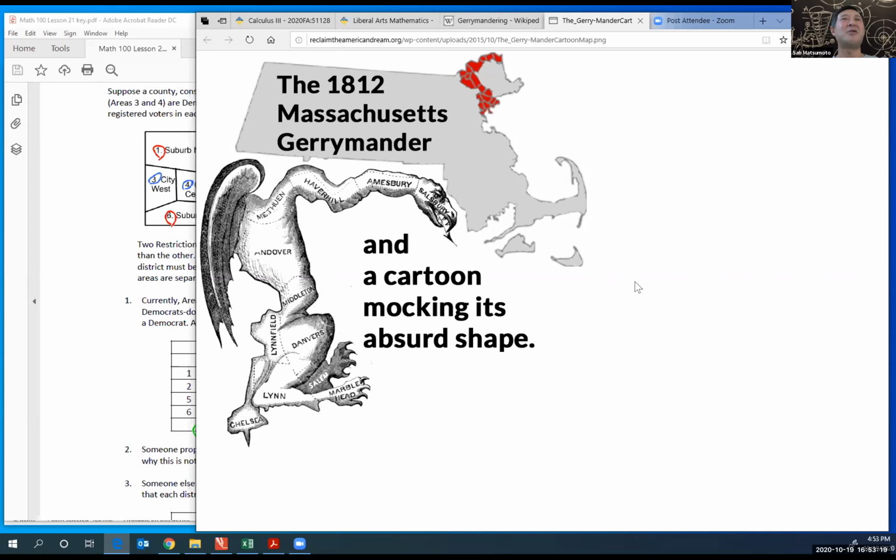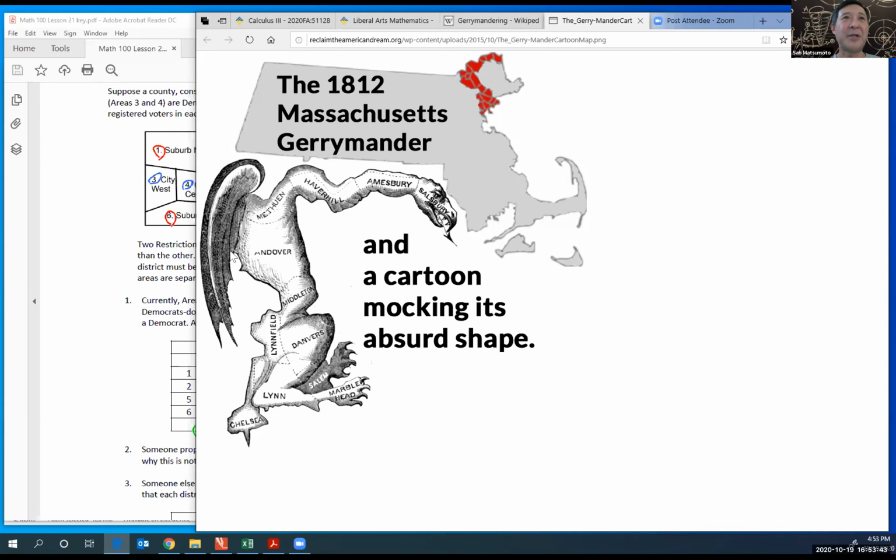In Massachusetts, they divided the congressional district in a rather weird way. What you're seeing is just one district, which consists of a bunch of these counties. This was done exactly for the purpose of favoring one of the political parties, so it is a weirdly shaped congressional district.